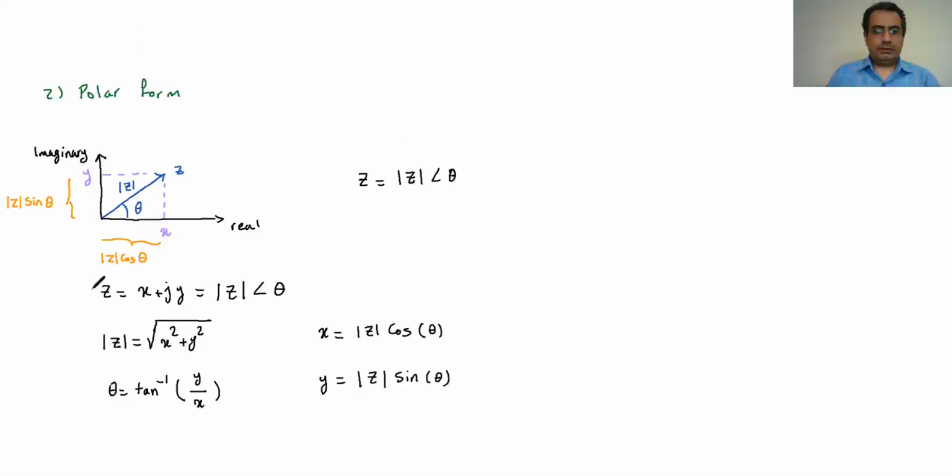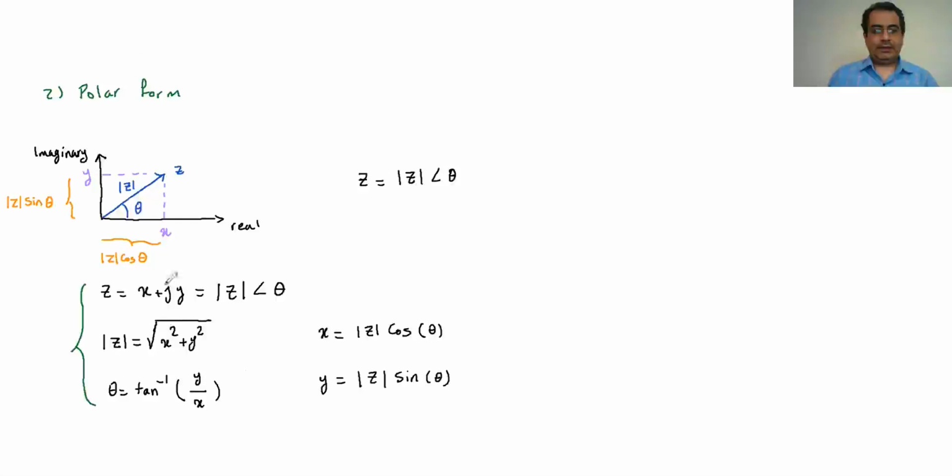So if I have them like that, you have the z in the rectangular or the polar, and this is how they are related to each other. So if we have one of them, we can easily convert it to the other one using these equations.